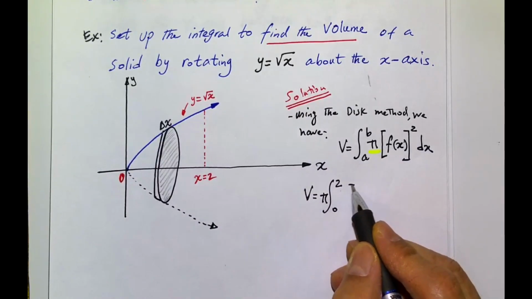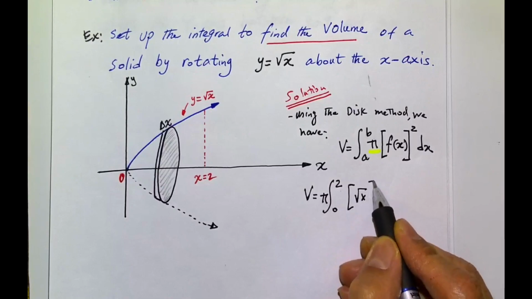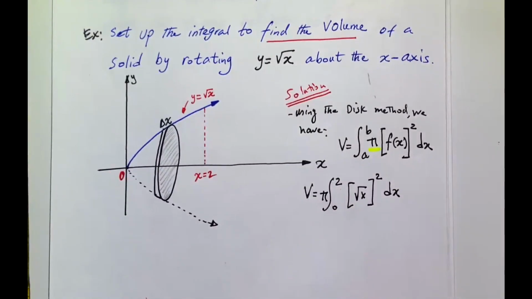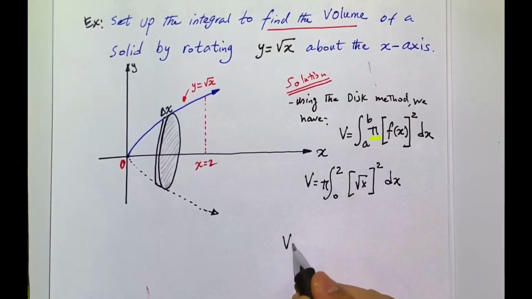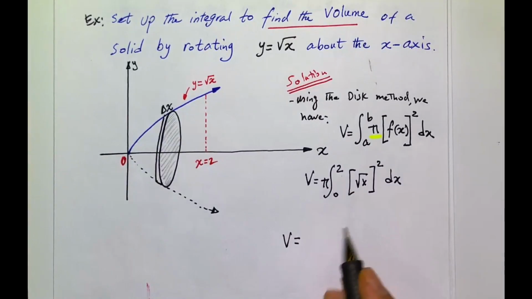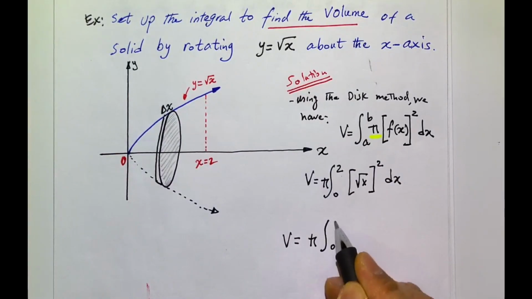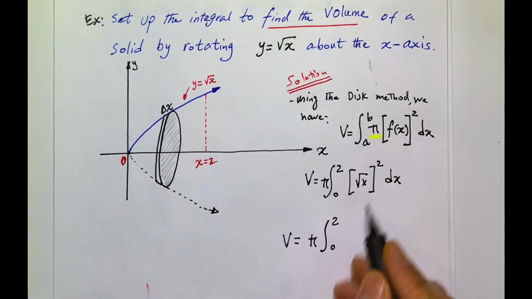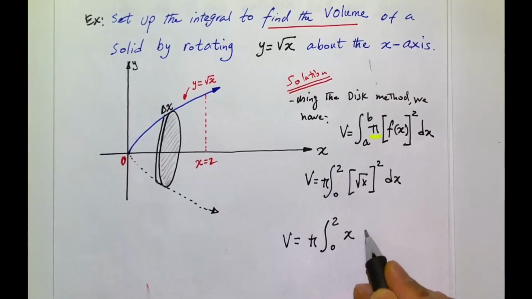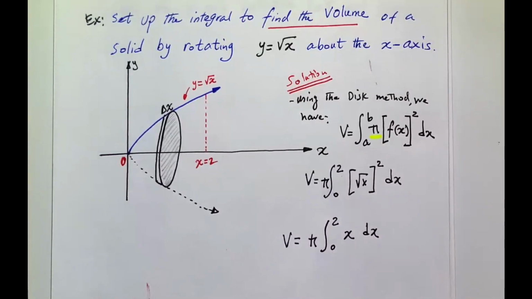So we will have square root of x, squared, dx. Okay, so what would the volume be? The volume would be pi times the integral from 0 to 2 of square root of x squared, which is x, right? dx.